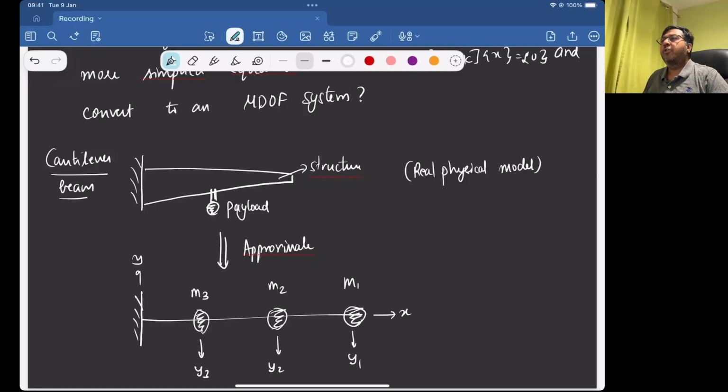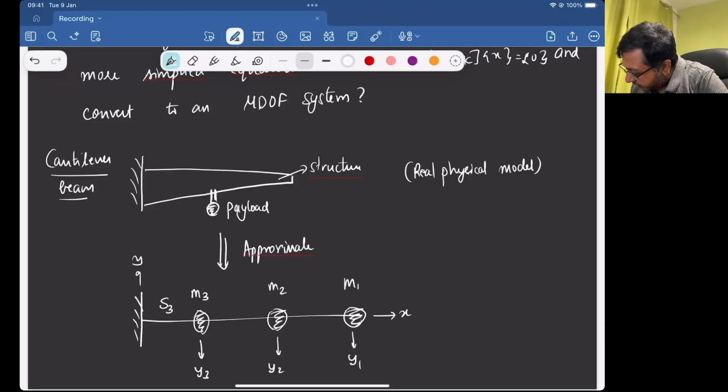This is very similar to our spring system where the mass was moving in the x direction, but here each mass is moving in the y direction. We assume that the lengths of each segment are constant, so S1 equals S2 equals S3, which is L by 3, where L is the length of the entire beam.